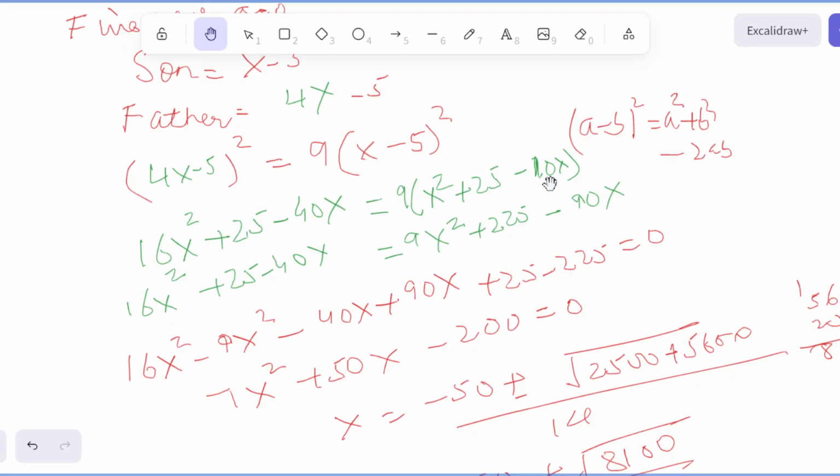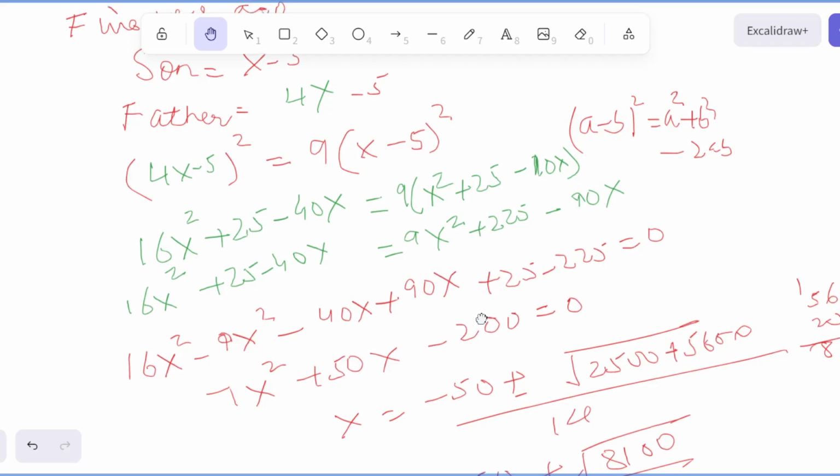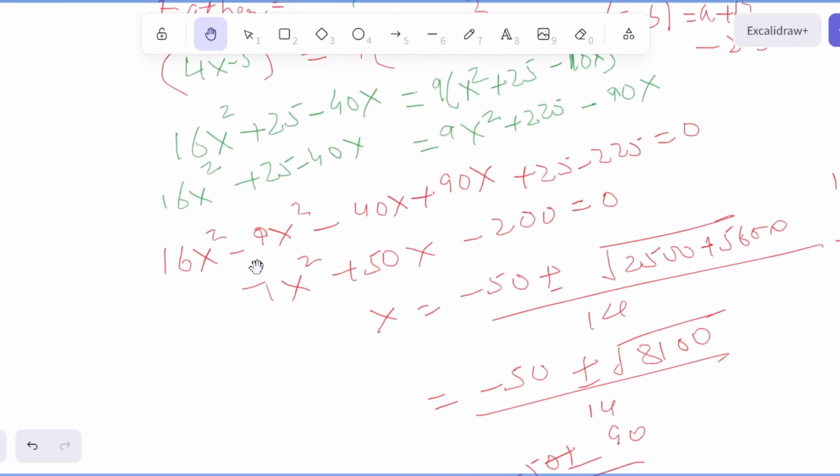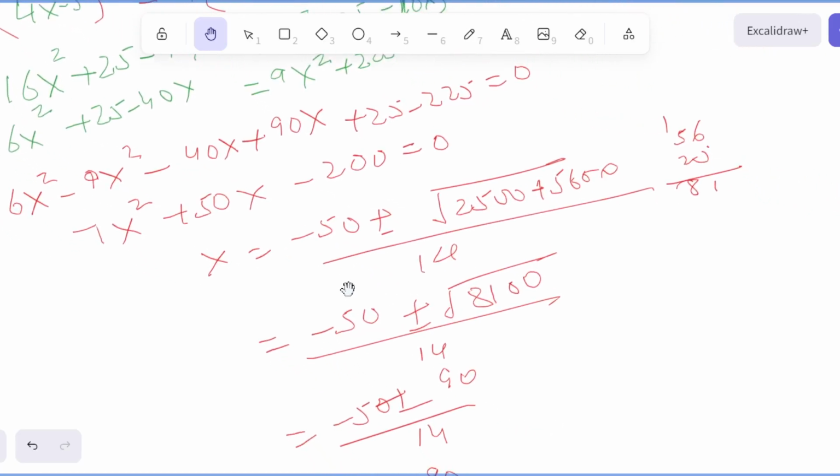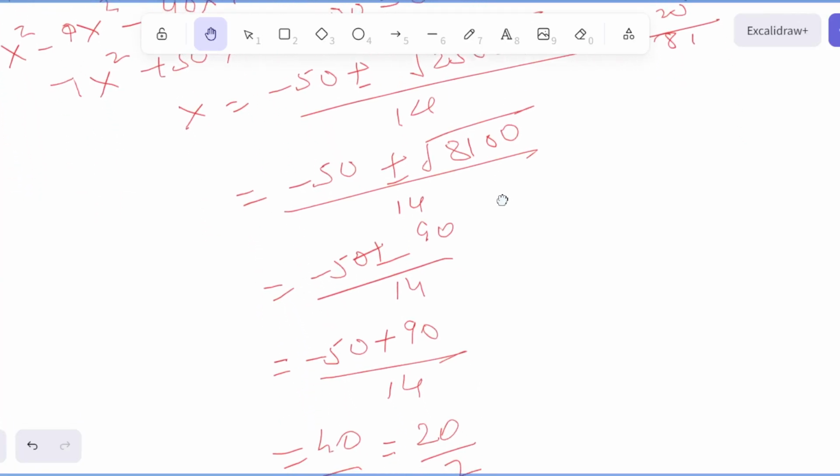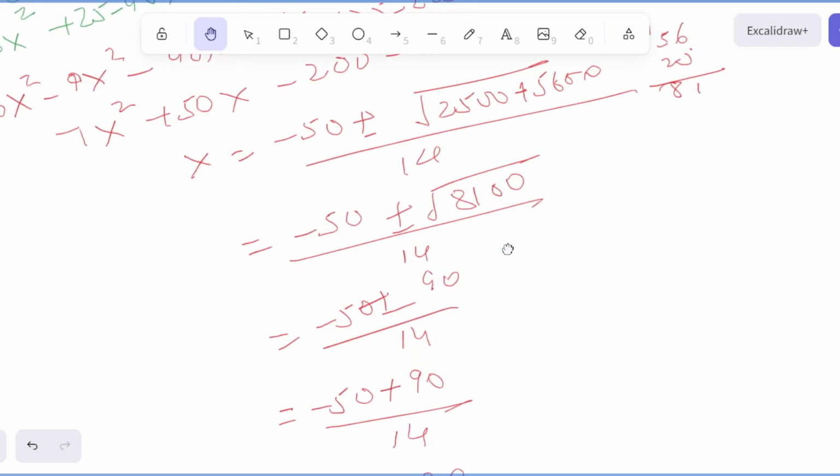Yes, that's correct. And this becomes 10x. Then you multiplied it. Yes, and 90x. All looks good. And this becomes 9 minus 40 and then plus 90. Correct. And 25 minus 225. Correct. And then we just put in the values, right? That looks correct. Plus minus, and this becomes 81, that becomes 90, and 2 times 7 we did as 14.